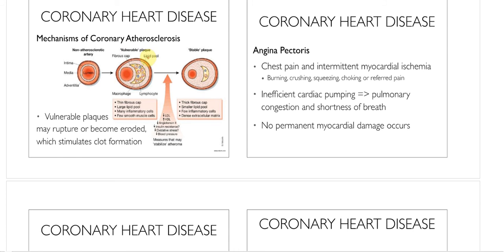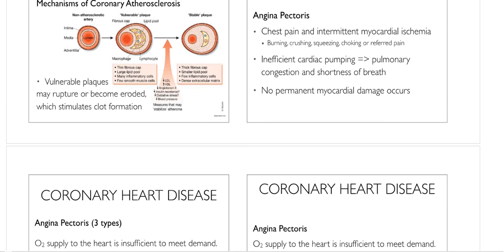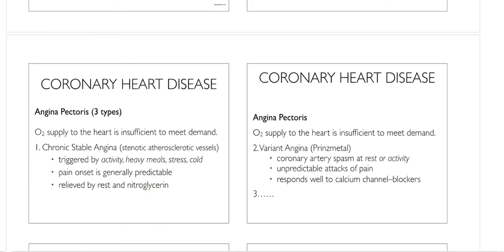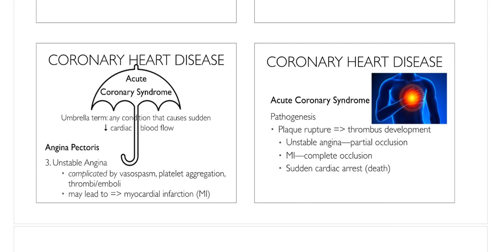It's not the stable plaque that causes unstable angina. It is a vulnerable plaque. So with that vulnerable plaque, the fibrous cap breaks, and this whole lipid pool, lymphocytes, and macrophages burst out into the lumen of the blood vessel and find their way downstream until they block something. With unstable angina, eventually it could lead to a myocardial infarction.